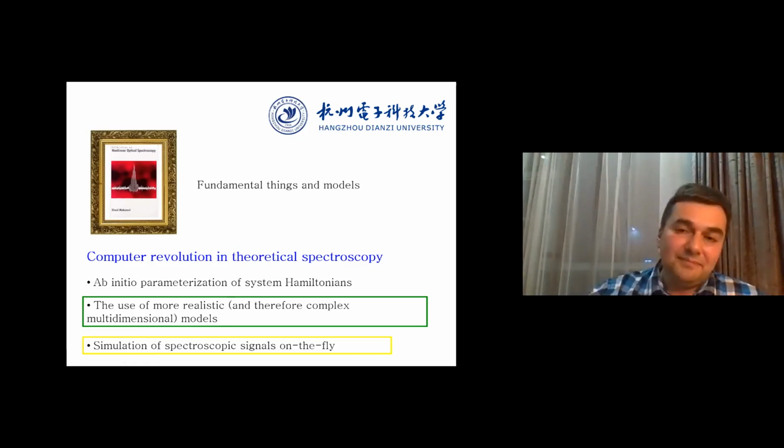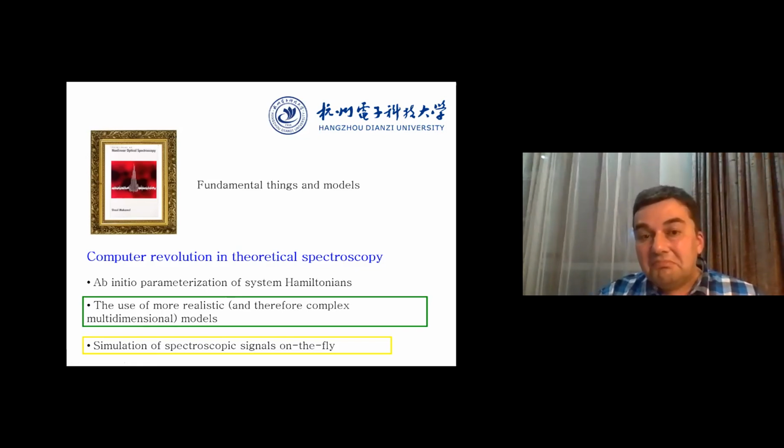But as far as I can see, there is a certain way to go to fulfill this dream, because it's really very hard to do quantum dynamics of many-body systems with many degrees of freedom on the fly without resorting to various approximations.